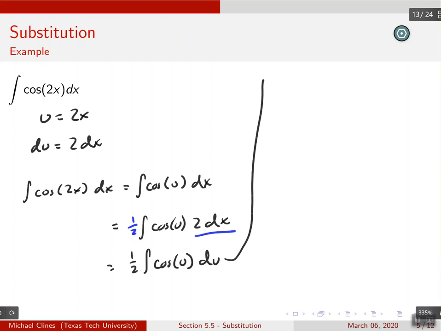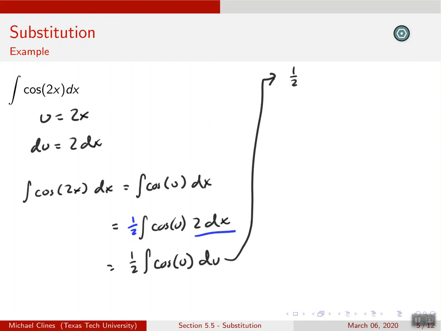Now here, this is just a straightforward anti-differentiation technique that we've seen half a dozen times so far. We just recognize that the derivative of sine of u is equal to cosine of u. So the integral of cosine of u is just sine of u.